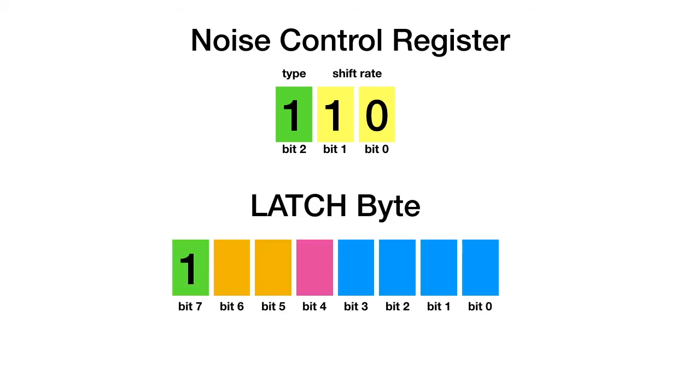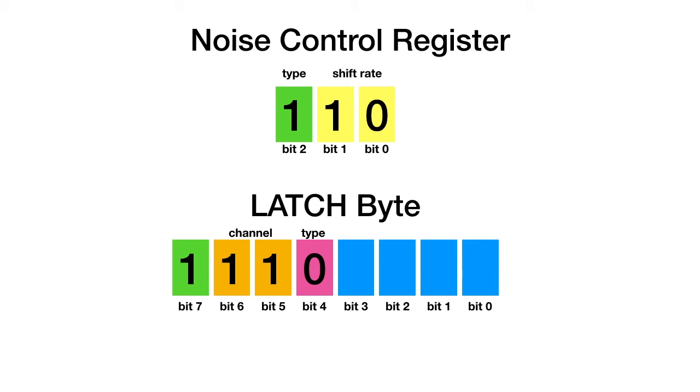So to create the latch byte, bit 7 will be a 1 to denote that it's a latch byte. Bits 5 and 6 are the channel bits, so 11, decimal 3, for the noise channel. Bit 4 will be 0 to direct the data to the control register. And the 4 final bits are data. Bit 3 is ignored because only the last 3 bits will fit into the 3-bit control register.